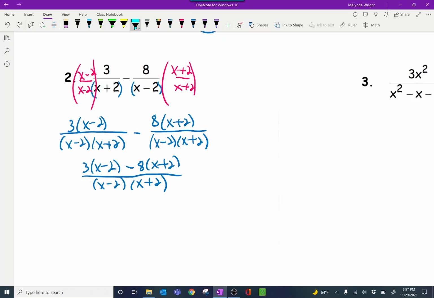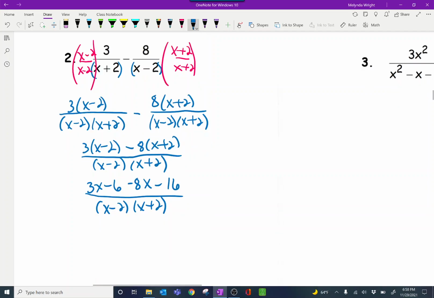No crossing out here. Instead, we need to distribute and combine like terms along the numerator. We're going to leave the denominator alone. So 3x minus 6 minus 8x minus 16, I'm just distributing across the top, over, we're just going to leave that x minus 2, x plus 2.